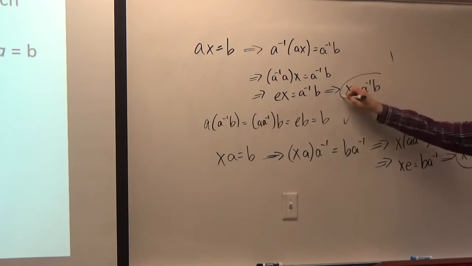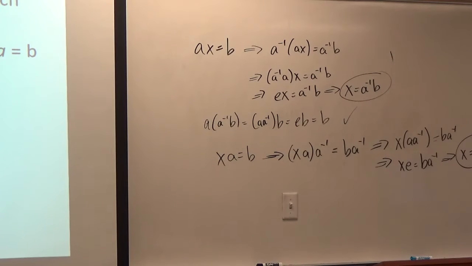And these two things are different group elements in general, unless the group happens to be Abelian. They could happen to be the same even if the group is not Abelian, but in general they won't.